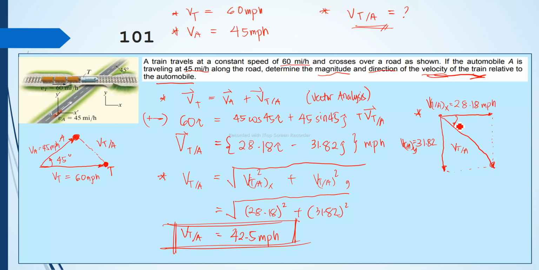Again, the direction is the one measured from the horizontal, or from the x-axis. Our theta is just the tan inverse of 31.82 over 28.18.